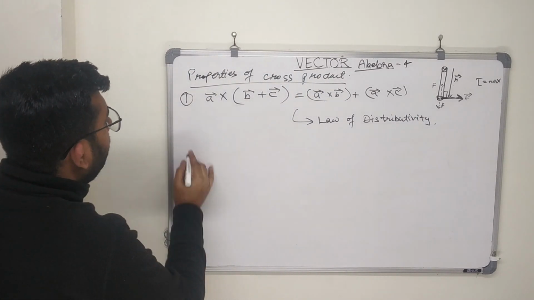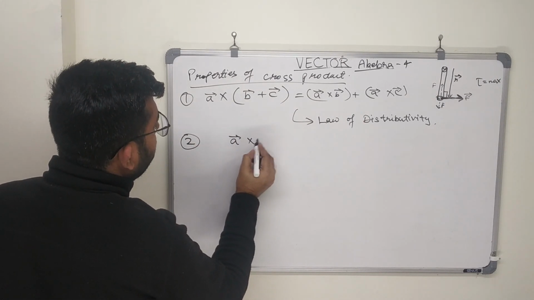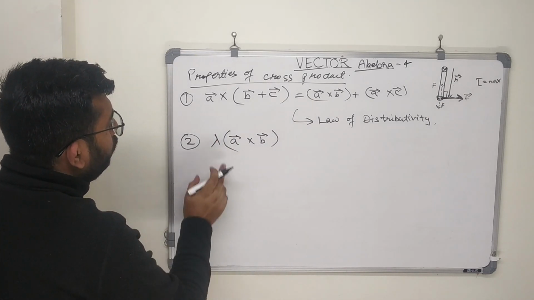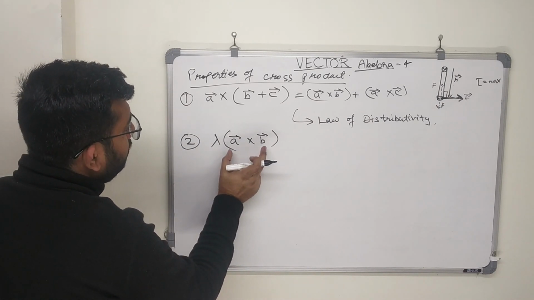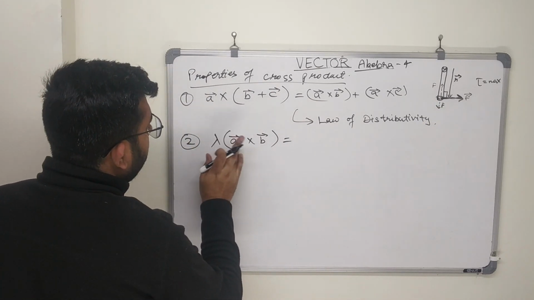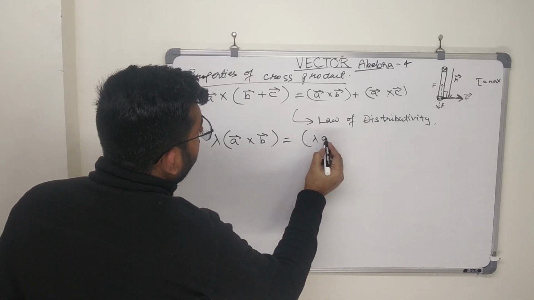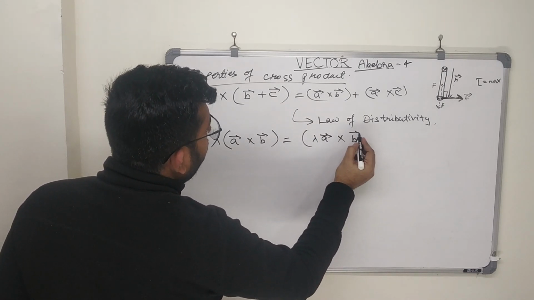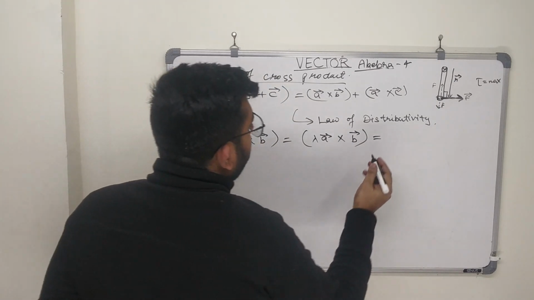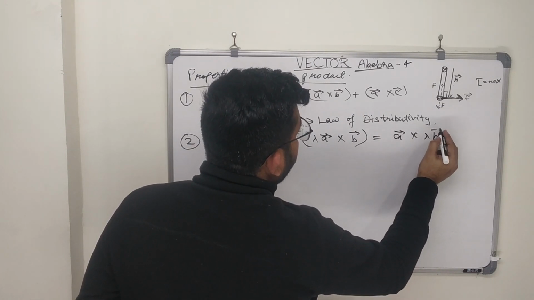So the second property is, suppose that you are given two vectors, A vector cross B vector, and there is a scalar quantity that is lambda. So you can put it outside the A vector cross B vector, and you may also attach it with the A vector or B vector, that is lambda A vector cross B vector also is true, and you may also attach lambda with the B vector, that is A vector cross lambda times B vector.